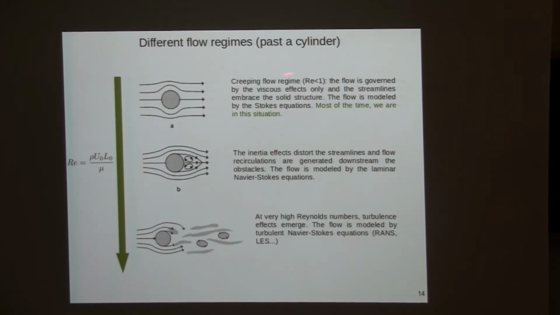And in this case, we use Stokes equation because the inertia is negligible. When the Reynolds number is larger than 1, inertia effects start to impact the flow pattern, and they distort the streamlines. And you see some recirculation downstream of the obstacle here that are generated by the inertia.